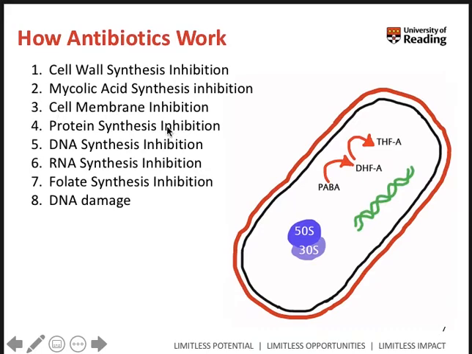Another large group of antibiotics are those that target protein synthesis within the bacterium. They might have slightly different detailed mechanisms of action, but broadly a large number of antibiotics that we use inhibit bacterial protein synthesis, whilst many others target different aspects of nucleic acid synthesis, such as RNA or DNA synthesis.